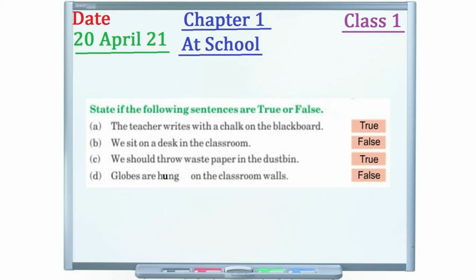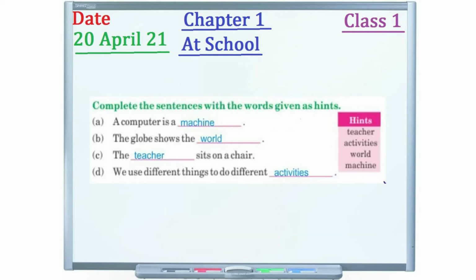Now, next exercise. Complete the sentences with the words given as hints. All these are fill in the blanks type of sentences, and hints are given. A. A computer is a dash.